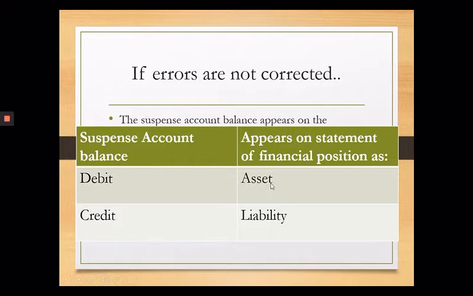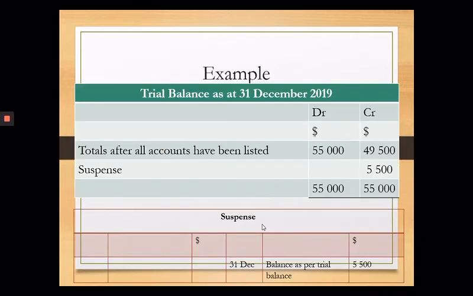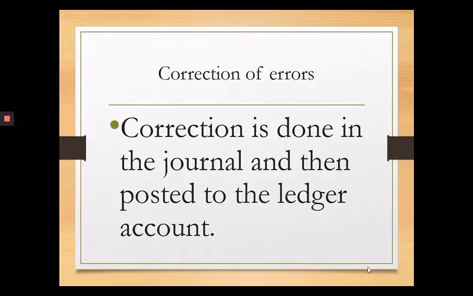If it is a credit balance, we post it as a liability in the statement of financial position. So in our previous example, this 5,500 balance will be posted as a current liability in our statement of financial position.